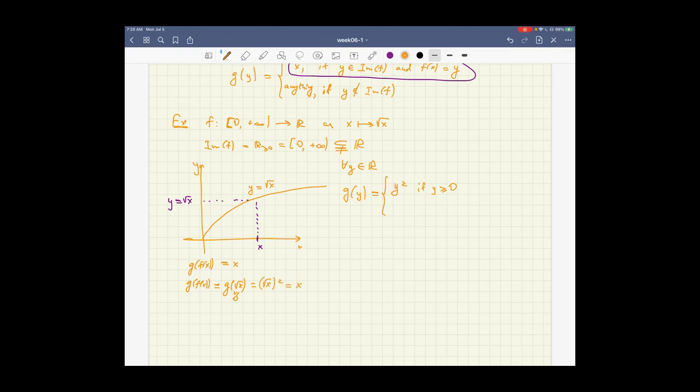That's x. But what if y was negative? What if y was negative? Negative numbers are not in the range of f. I could then define g at such a point y to be pretty much anything.